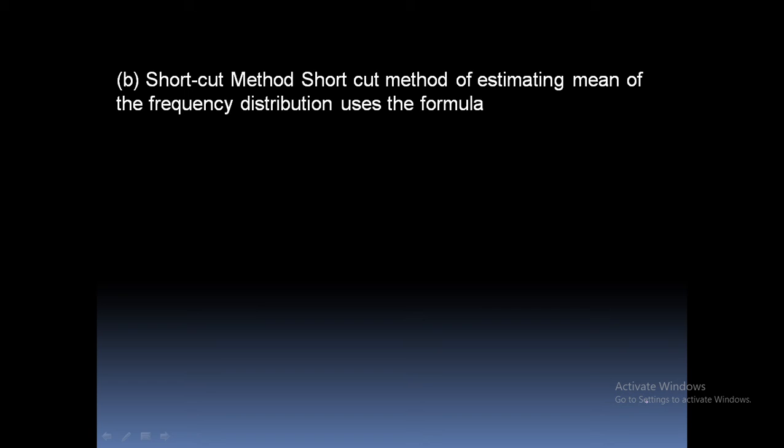Now next is the shortcut method. The shortcut method of estimating the mean of a frequency distribution uses the same formula as the discrete series. Mean is equal to A plus sigma f dx over n.